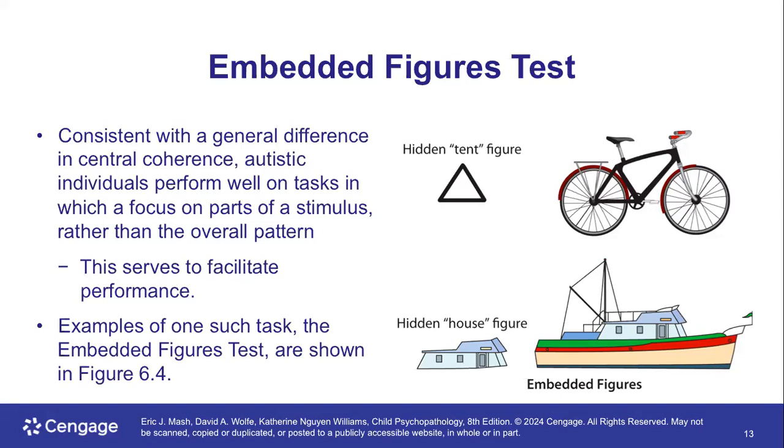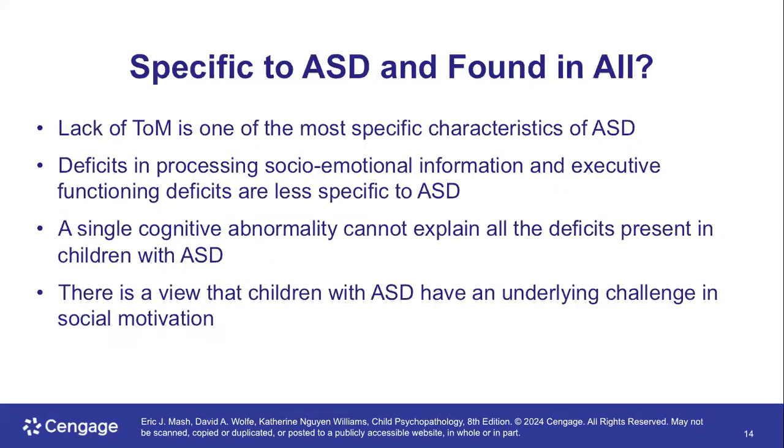Or an individual on the autism spectrum would focus on the cabin of the boat and view it as a hidden house figure. So you can see that there is limited central coherence and hyper focus on some smaller part of the stimulus.